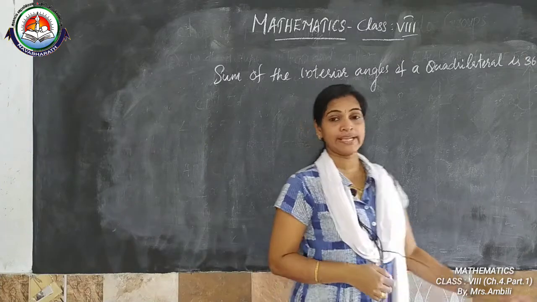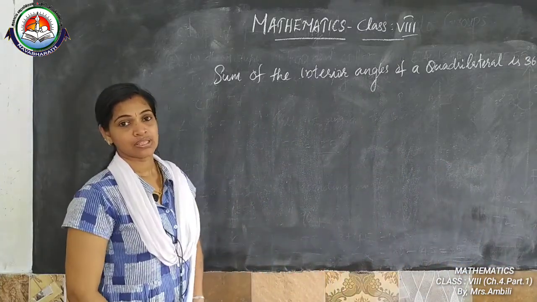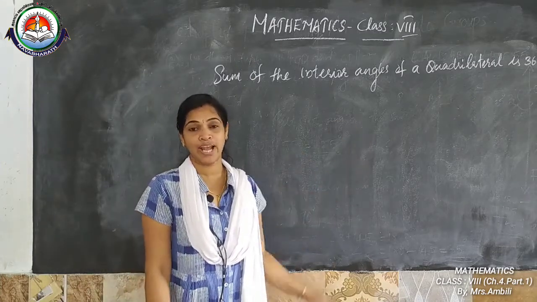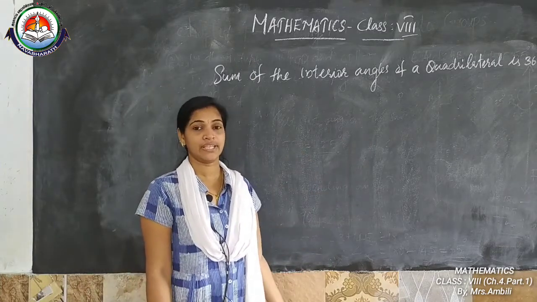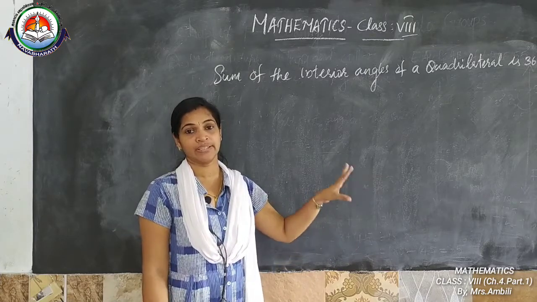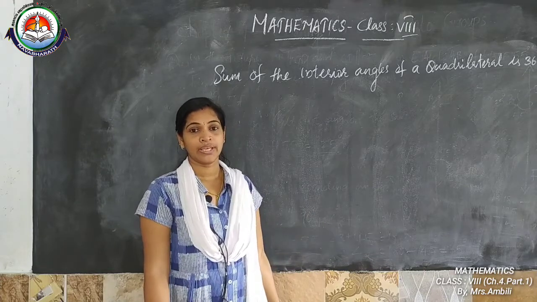That is, a quadrilateral you divided into two triangles, isn't it? So, we know that the sum of the interior angles of a triangle is 180 degrees. So, 2 into 180 degrees. Two triangles means 180 plus 180. Like that you got 360 degrees. Like that you proved. Okay.